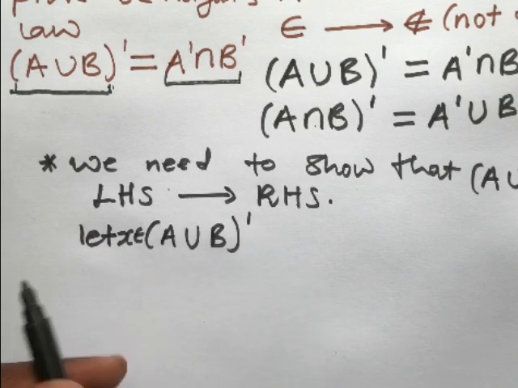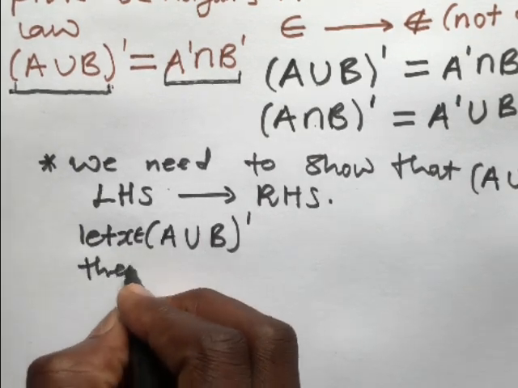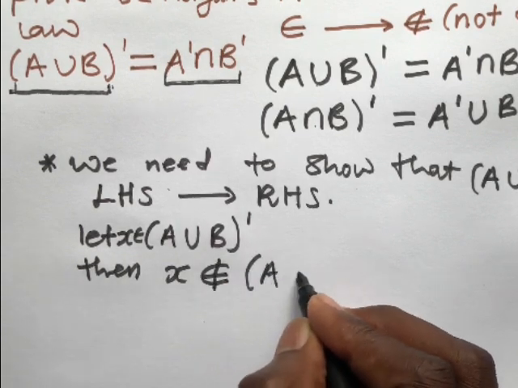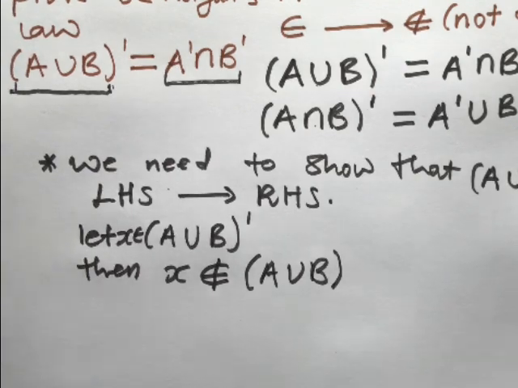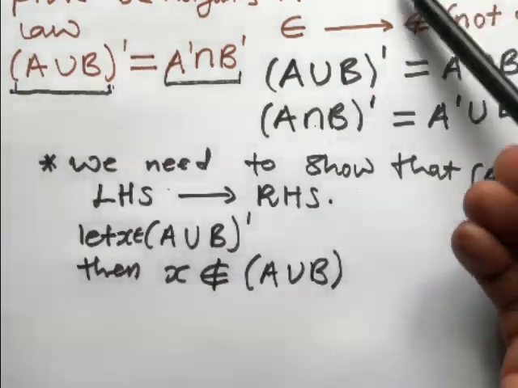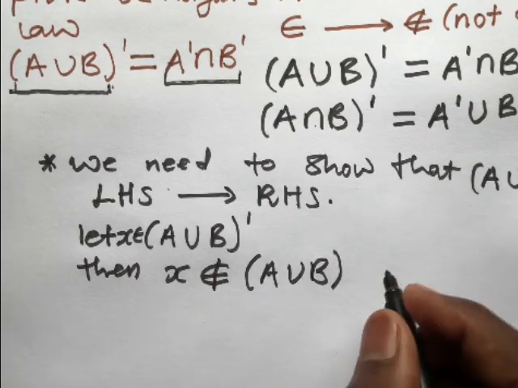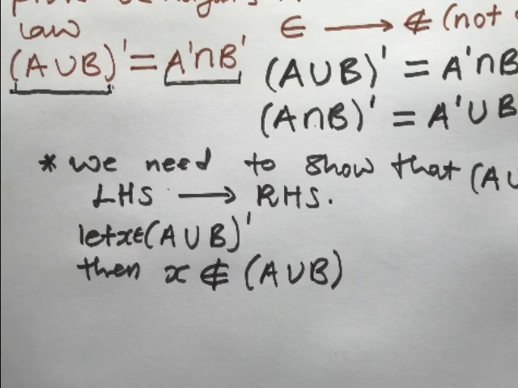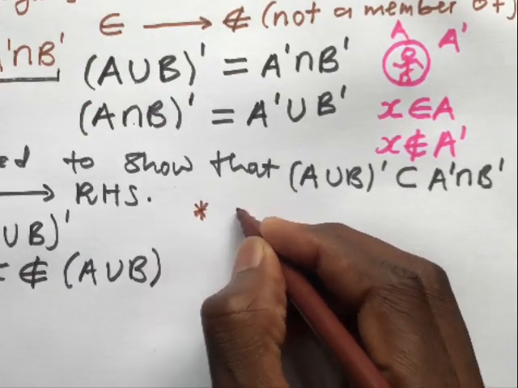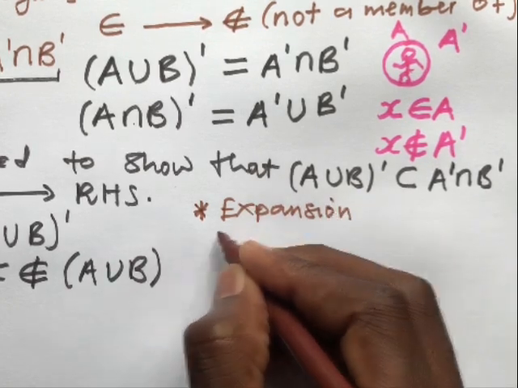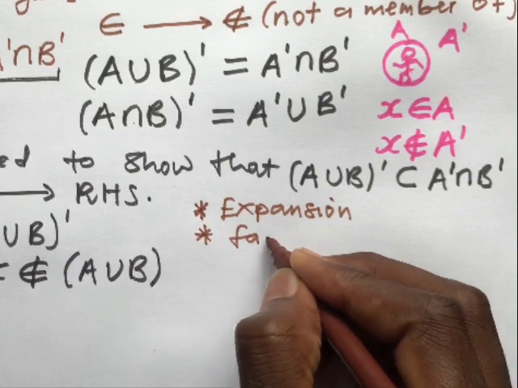If X is a member of this set, then X cannot be a member of A union B. If you know how to change the signs to words, you should also know how to expand and how to factorize. So here we are going to use two things: one, expansion, how to expand, and the second one, factorization.